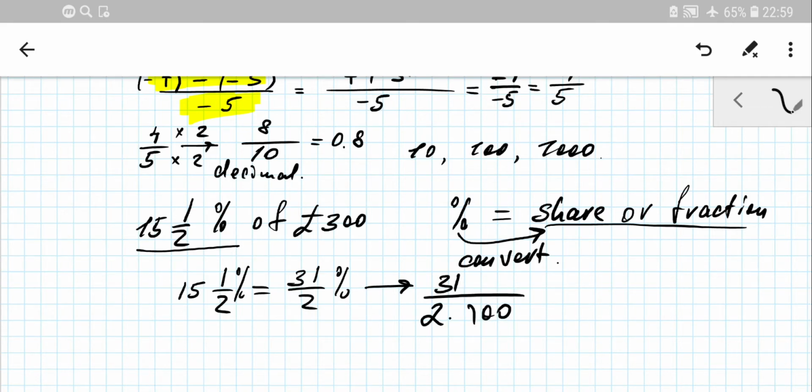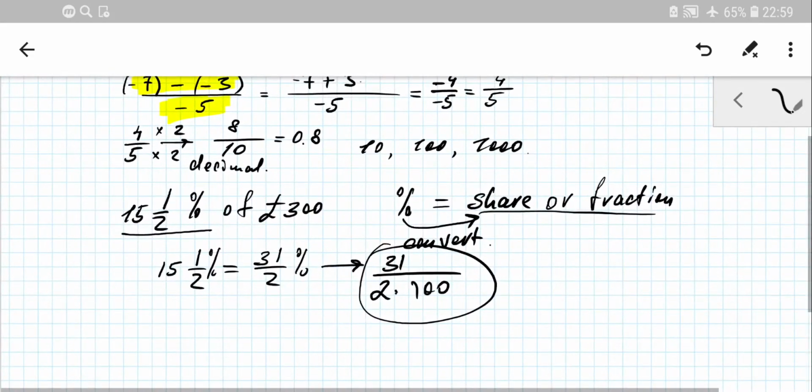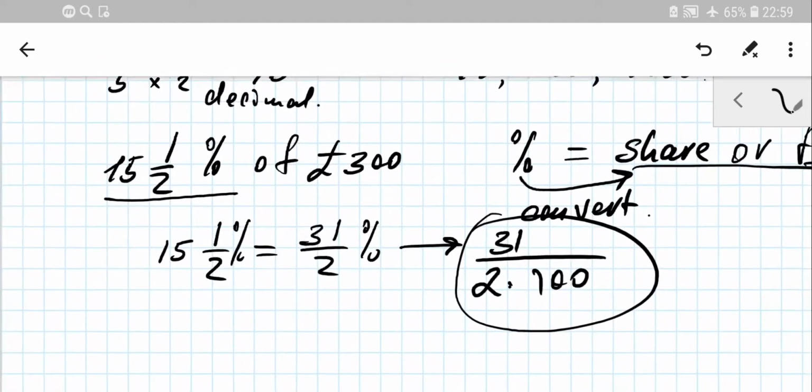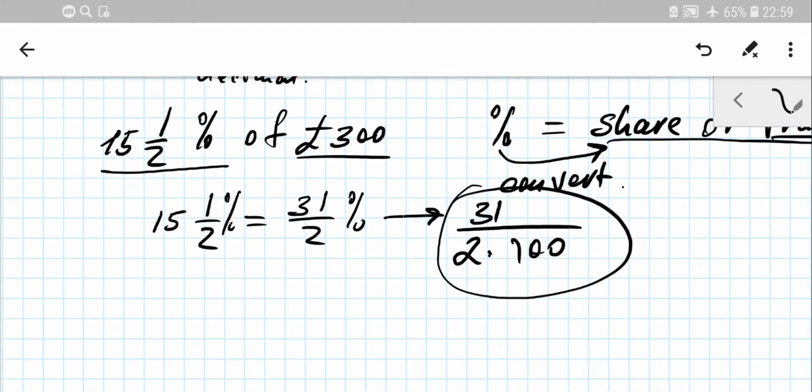So that's the typical way you need to work it out. So what we have is 31 over 2 and over 100. I don't recommend multiplying, so leave it as it is. Then, in order to apply the fraction, you simply apply it to your number. Your number is 300 pounds.